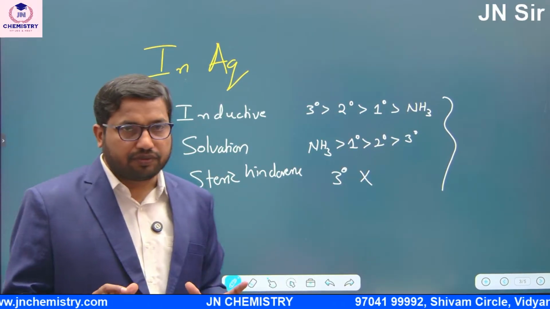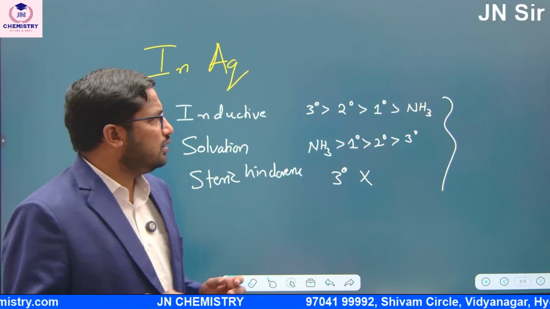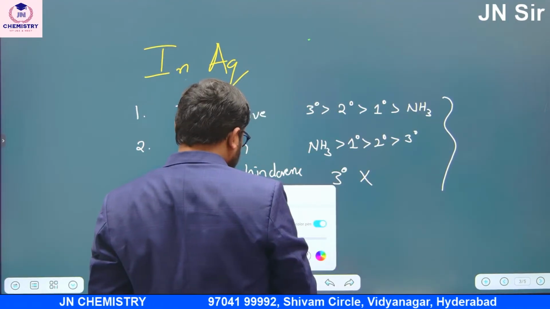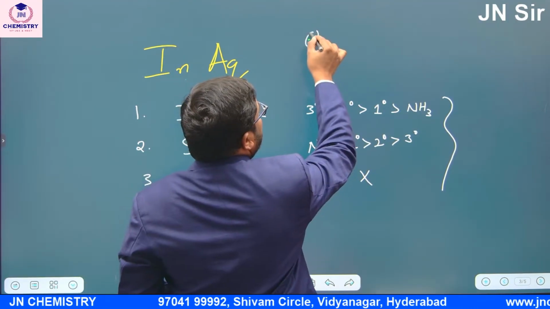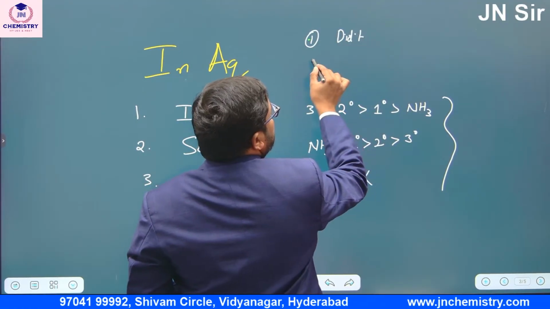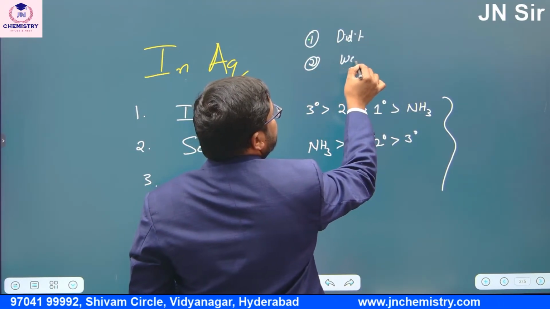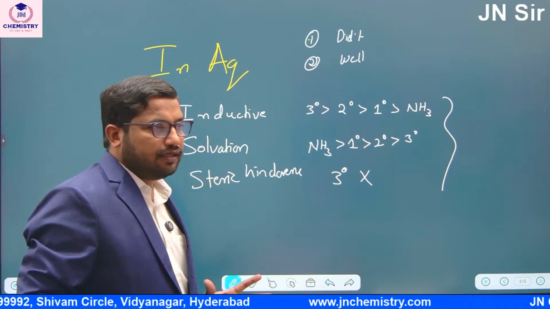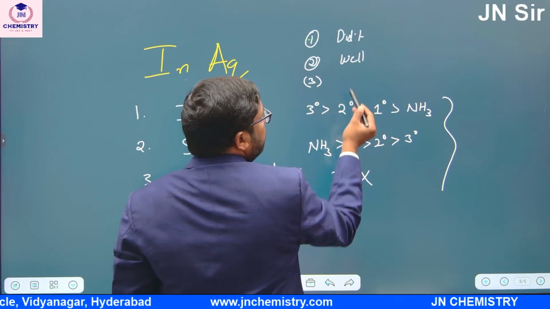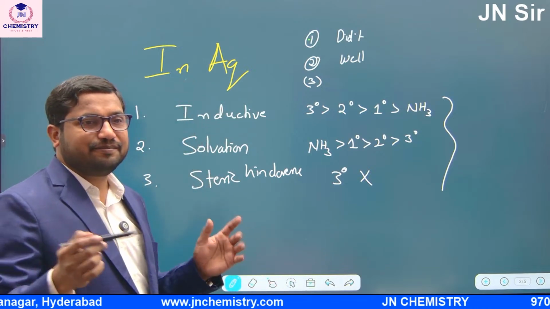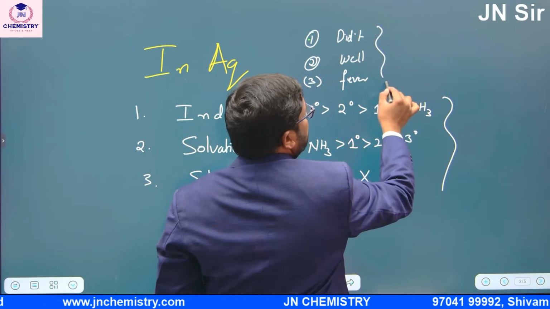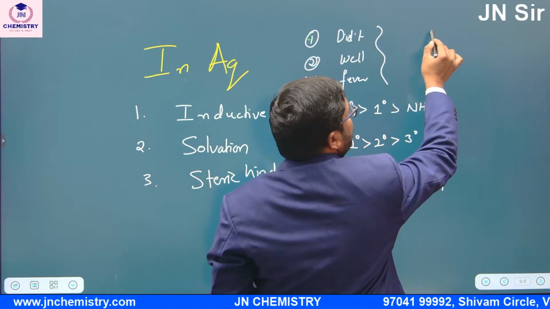Imagine, for example, you are preparing for an exam. First, you didn't attend the classes. Second, you prepared well. Third, on the exam day you got fever. Out of 100 you got 60 marks.